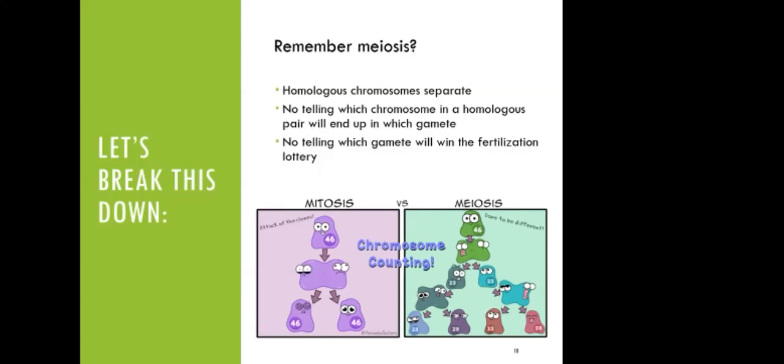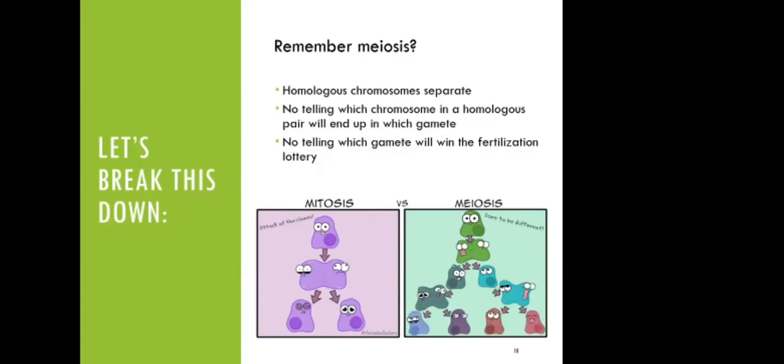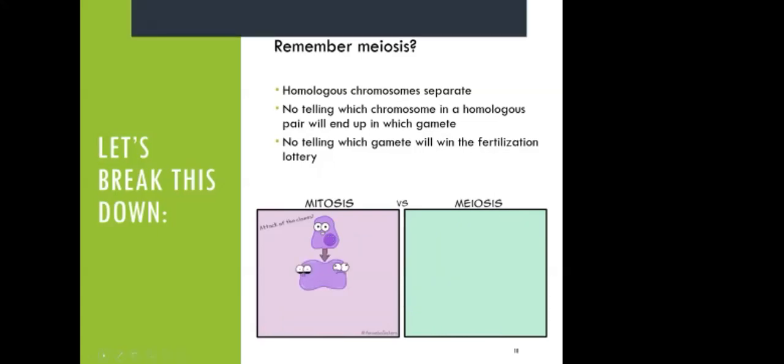We don't know which alleles they're going to have. So essentially, it's a fertilization lottery. We have no idea what alleles are going to be in each cell, and we have no idea what they're going to combine with.